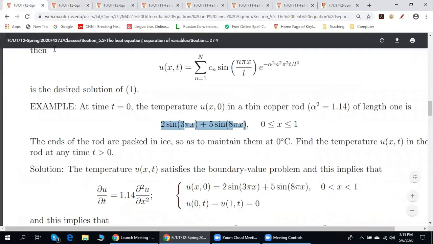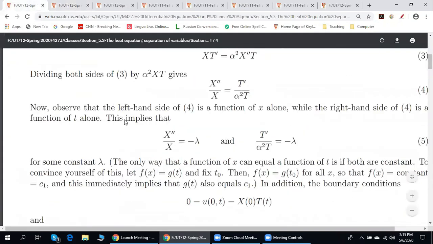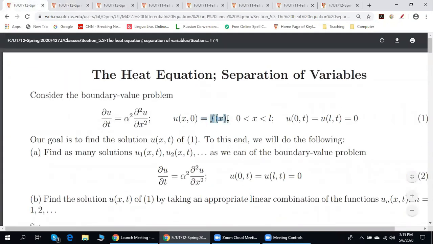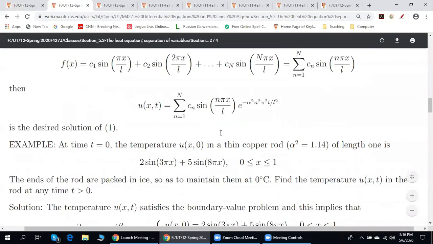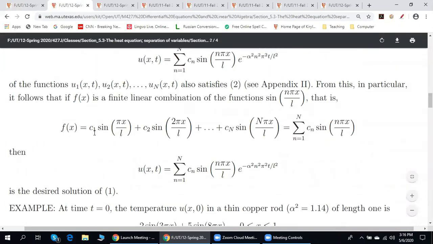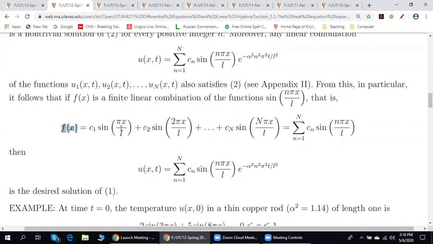However, now imagine that f of x is equal to, say, 1. If f of x is equal to 1, one can show that it is impossible to find numbers C1, C2, and so on, Cn, such that the whole expression is identically equal to 1.